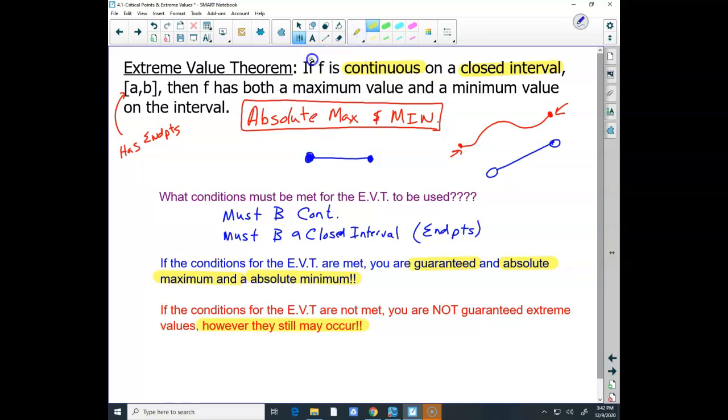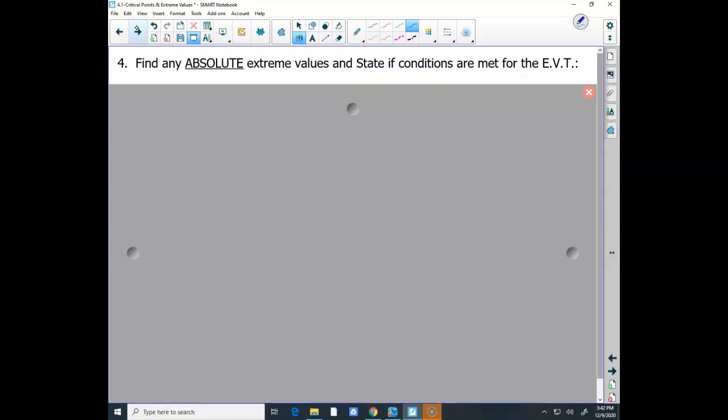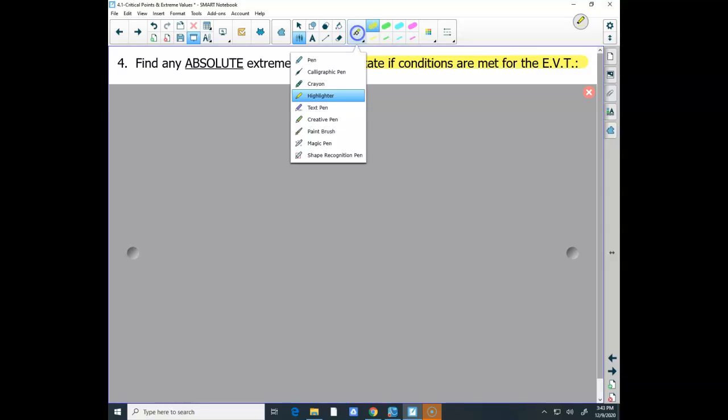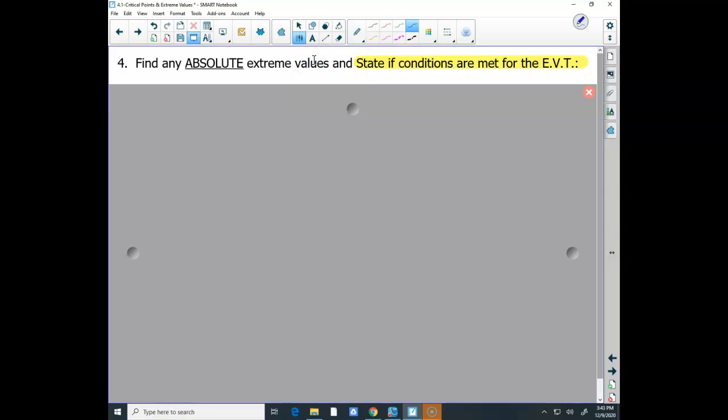All right? So with that in mind, I'm going to have you flip all the way to the bottom of your note sheet at number 4. We're going to look at these 3 graphs, and find any absolute extreme values. I also want you to state if the conditions are met for the extreme value theorem, because it's a big deal, it might be a theorem that you identify with on the AP test.